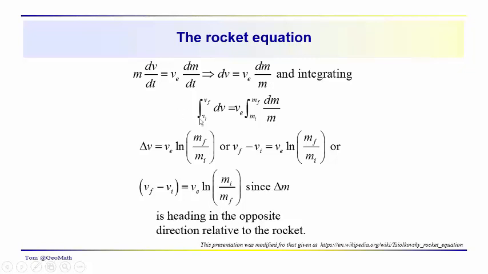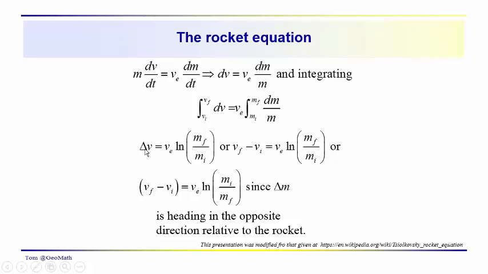So if we integrate this, we get the integral from the initial velocity to the final velocity of the velocity is equal to the velocity of the exhaust times the integral of the change in mass over the mass from the initial mass to the final mass.